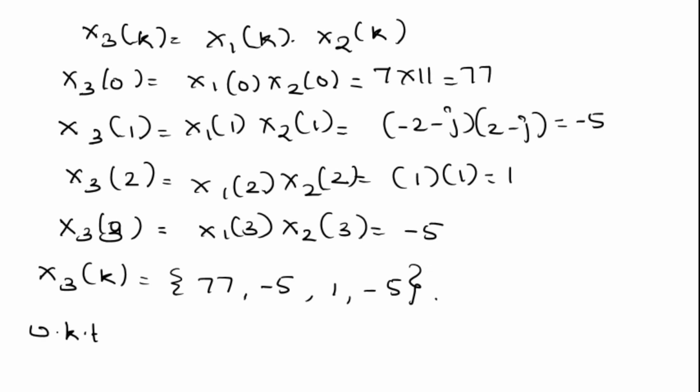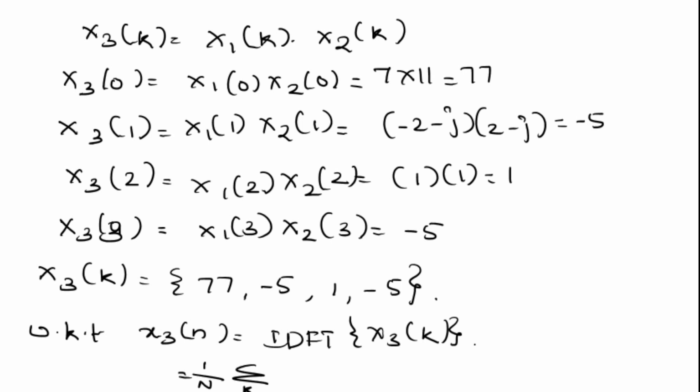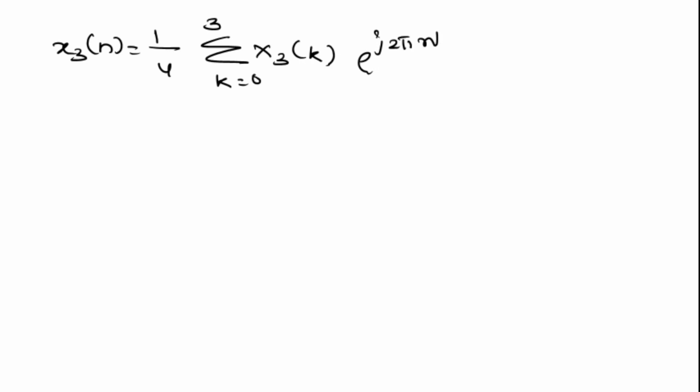We know that x3 of n is equal to IDFT of x3 of k, which is equal to 1 by n summation k is equal to 0 to n minus 1 x3 of k into e power j 2 pi nk by n, which is equal to x3 of n is equal to 1 by 4 summation k is equal to 0 to 3 x3 of k into e power j 2 pi nk by 4.